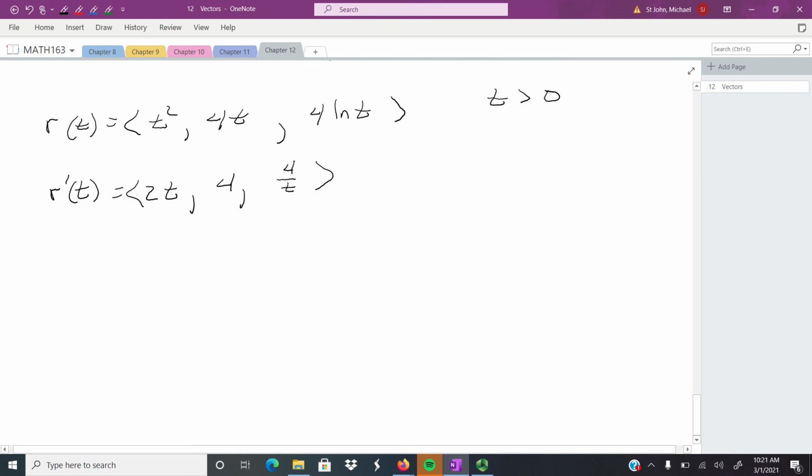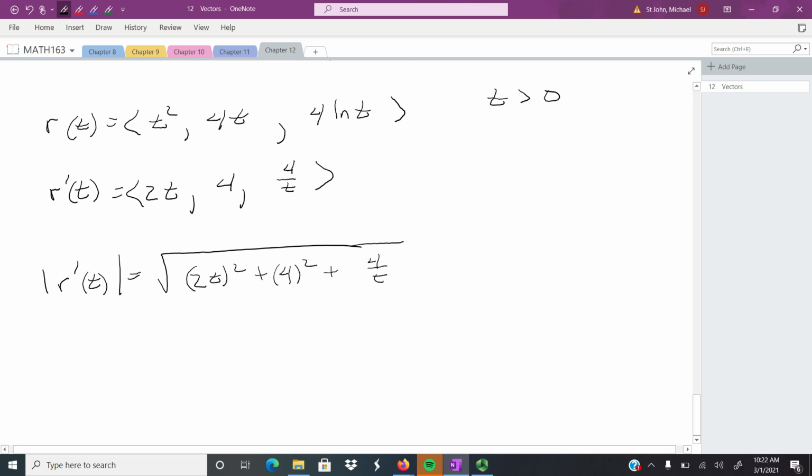So that's that part. Now we need to know the magnitude of this. So the magnitude of this is going to be 2t squared, 4 squared, 4 over t squared, which will be the square root of 4t squared plus 16 plus 16 over t squared.